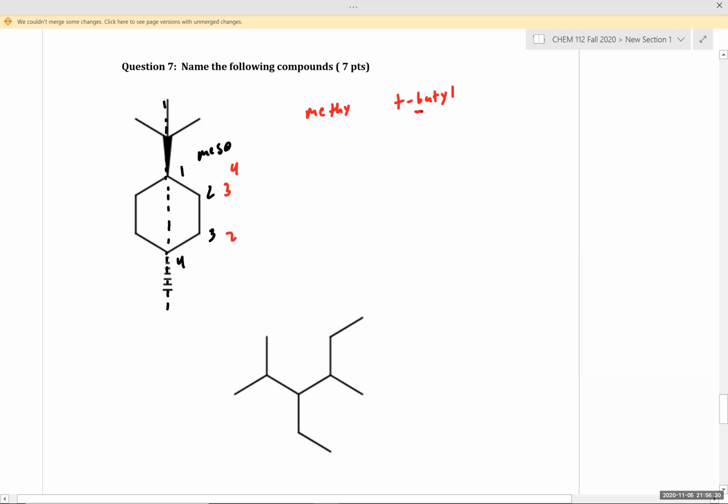The B, yep. So the tert-butyl gets priority. So we name this as 1-tert-butyl, 4-methyl. And since this is a 6-membered ring, we'd call this cyclohexane.